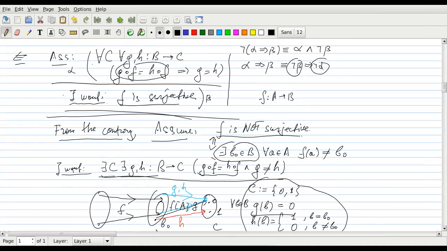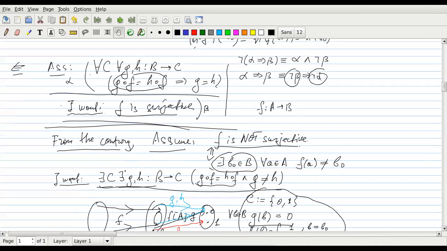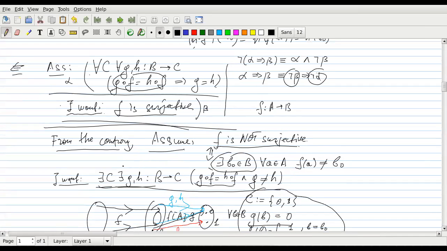Yes. What was important here? It was very important to correctly negate our statement, to correctly construct the logical negation of it. So you should be able to do that. This is the essence of mathematics. You have to be logically correct.